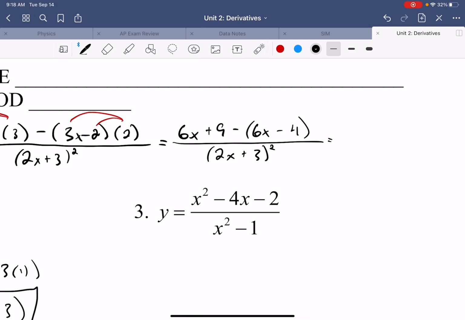So now, if we distribute this negative into this parentheses, we can pretty much just drop the parentheses and then change the signs of both these terms. So this 6x would become a negative 6x, so it would just take on that negative out front of it. And then this negative in front of the 4 will become positive.